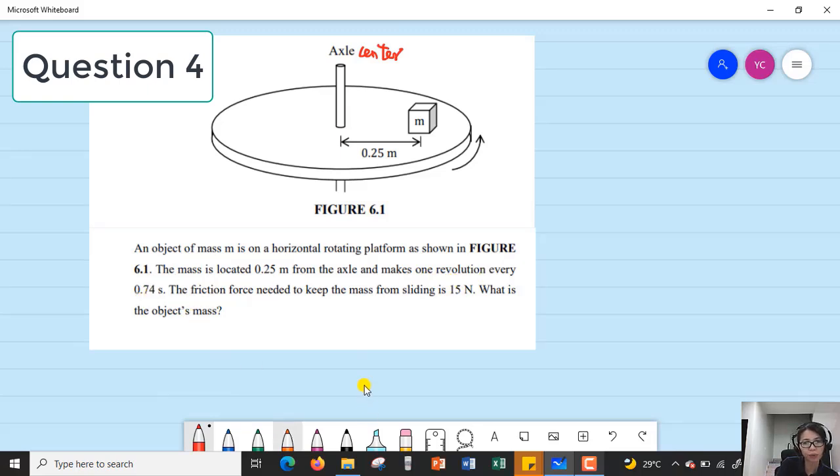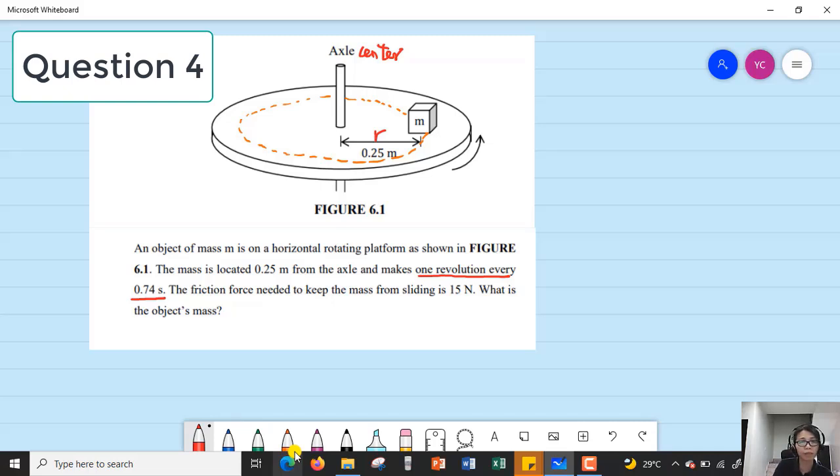So this thing is rotating, which means that the mass will perform circular motion. It will perform a horizontal circular motion whereby the radius will be 0.25 meter, and it will make one revolution every 0.74 second.